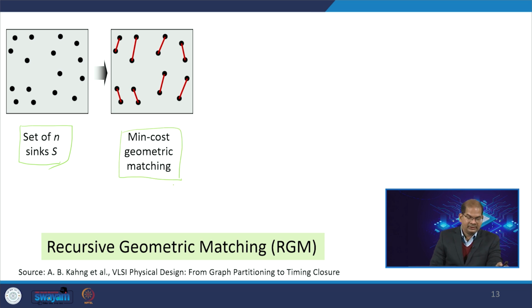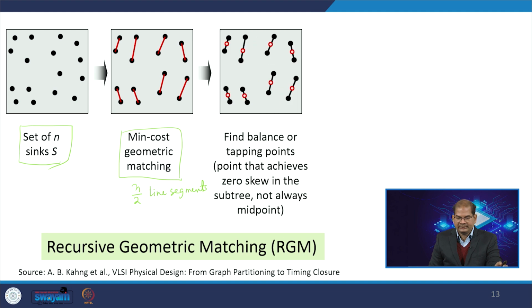Let us say there are n sink nodes. So, now we have n by 2 line segments. Then we have to find the tapping point in each line segment. The red dots are the tapping points in the line segments.